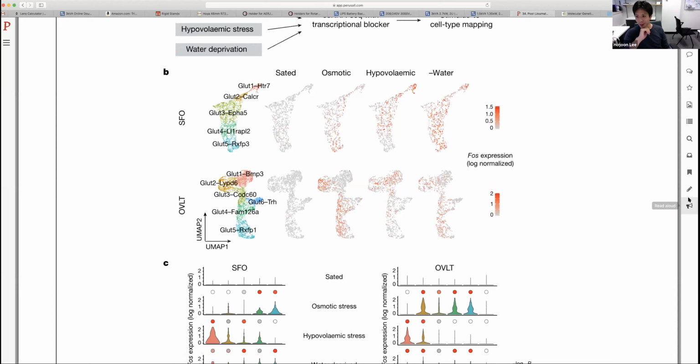I feel like Jasmine might know this best. No? You know, I don't know, but I'm willing to learn. It's a transcriptional blocker. Right. Yeah. So it just blocks transcription.